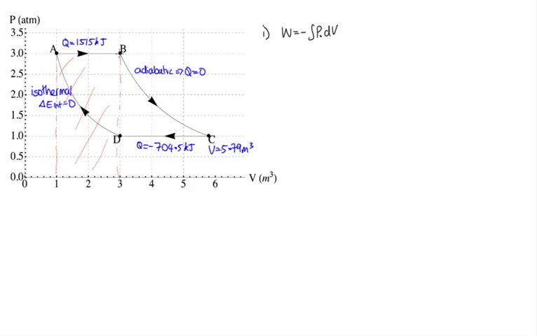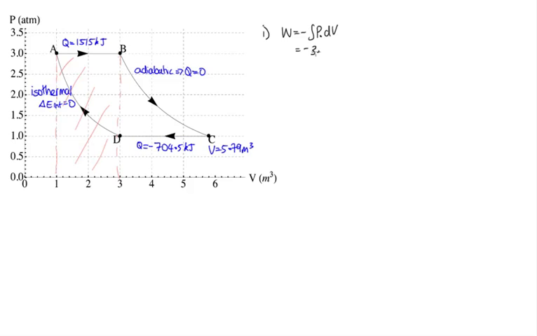In this case, P is just constant, so when we do the integral, we're just finding the area of a rectangle. So this is equal to minus. It is a minus because it's expanding, and so the work being done on the gas is negative.